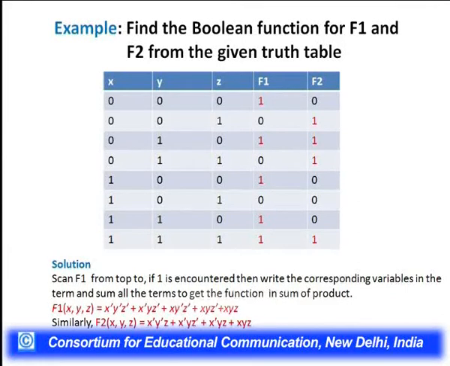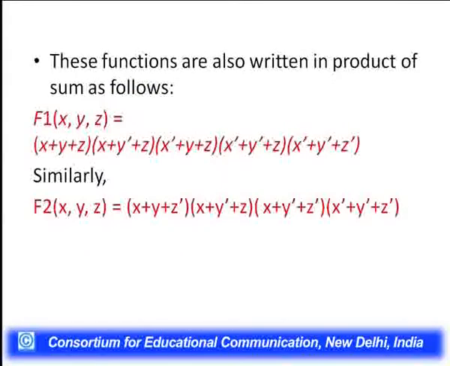And the last and final in f1, 1 at x equal to 1, y equal to 1, z equal to 1, so put x y z. In this way you got the function for f1. Similarly, you can find the function for f2, like f2(x, y, z) equal to x dash y z dash plus x dash y z plus x y z.